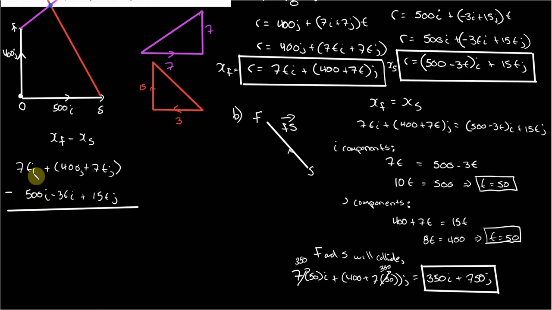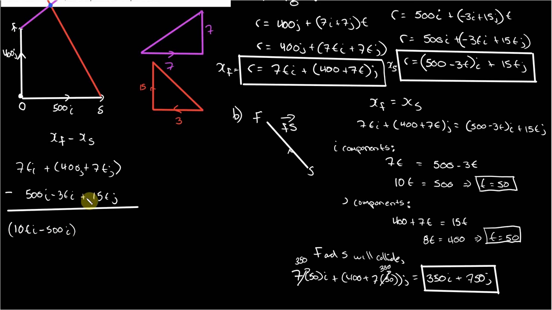So 7ti minus negative 3ti, well, that's just going to become positive, so we have 7 plus 3, so it's 10ti. But this 500i becomes negative, so it's minus 500i.